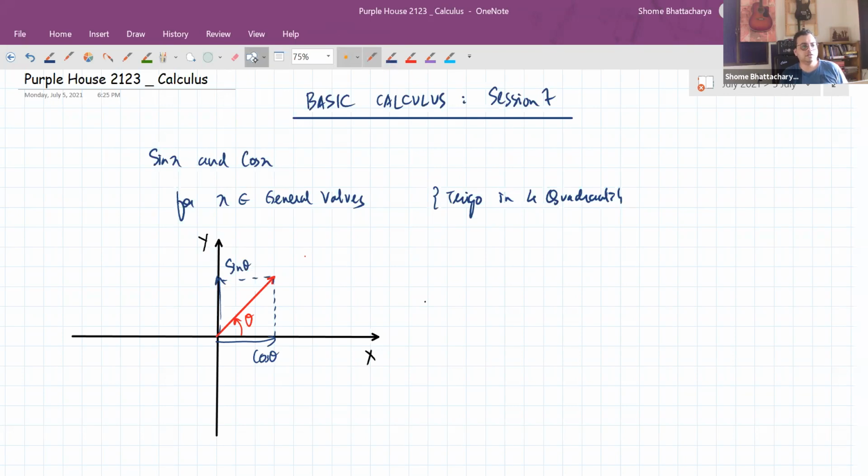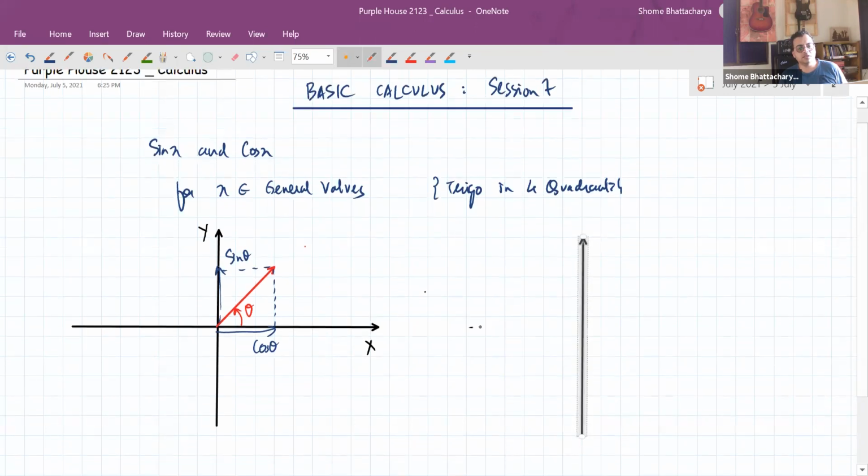But now if we switch over to the second quadrant, here we are understanding cos theta and sine theta as the components of projections of a unit vector rotated through an angle theta. This is a vector of magnitude 1, so you can even call it A cap.